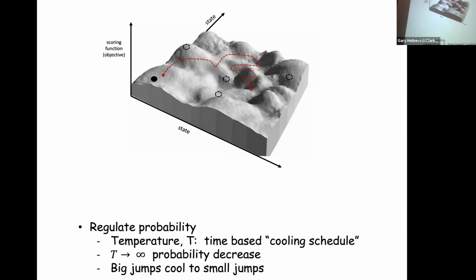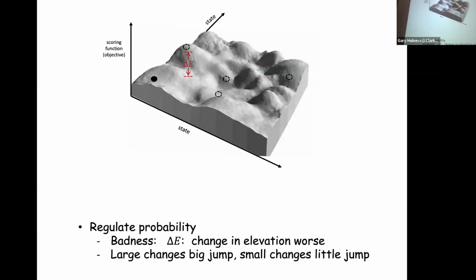If your jump is producing a good improvement, be that minimization or maximization, you want to stay there for a little bit, so you're not going to jump very far. The badness measure looks at the change in objective measure after you take your jump, and you can use that to shape the size of the next jump.